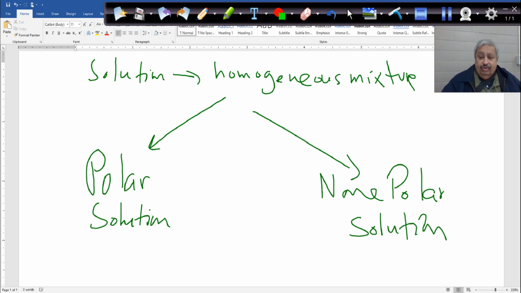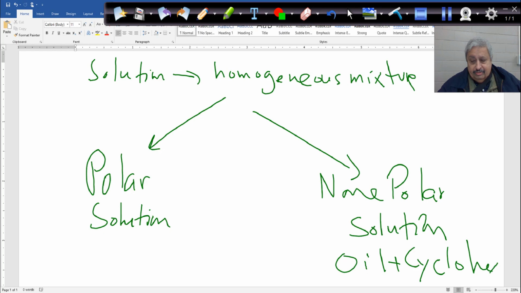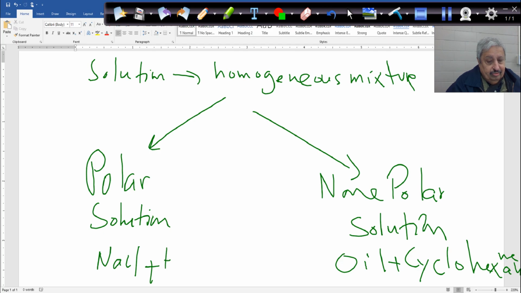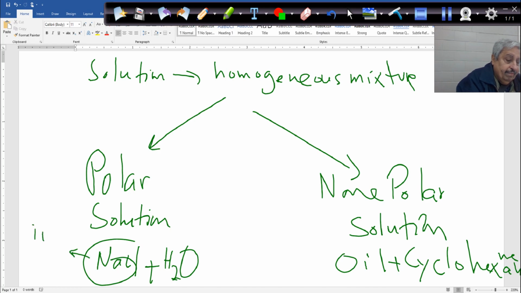So if I have oil, as you'll see in the lab, plus cyclohexane, for example, this is an experiment you'll see today, I think, cyclohexane. And here I have sodium chloride or potassium chloride with H2O. So this is an ionic compound. Ionic compounds are soluble in H2O.